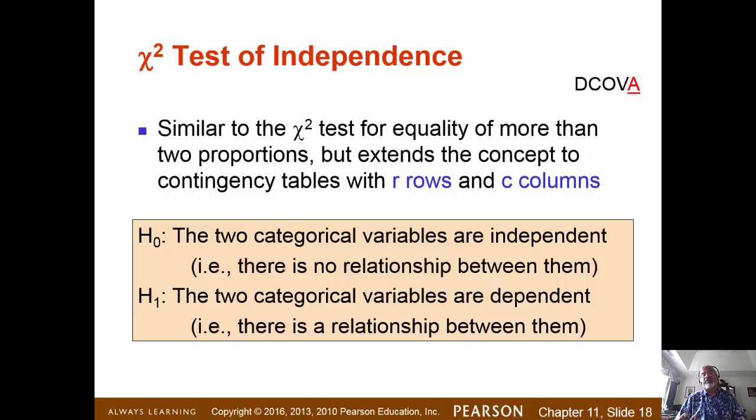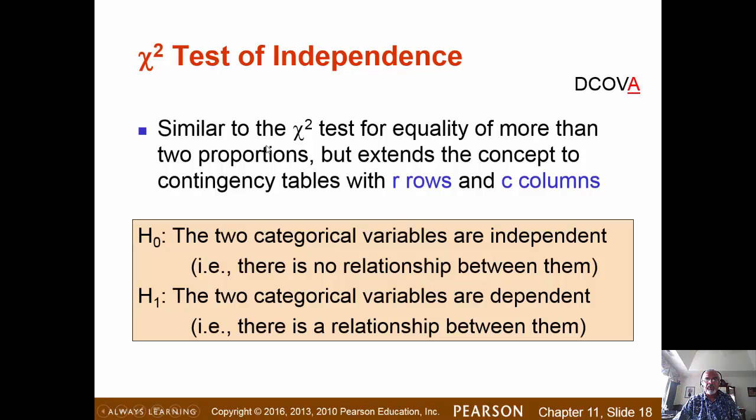So the hypothesis that we will test is whether these two dimensions, one dimension represented by the columns, the other dimension represented by the rows, are independent or not. They have no relationship to each other, or they are somehow related. So we have R rows in the table and C columns.